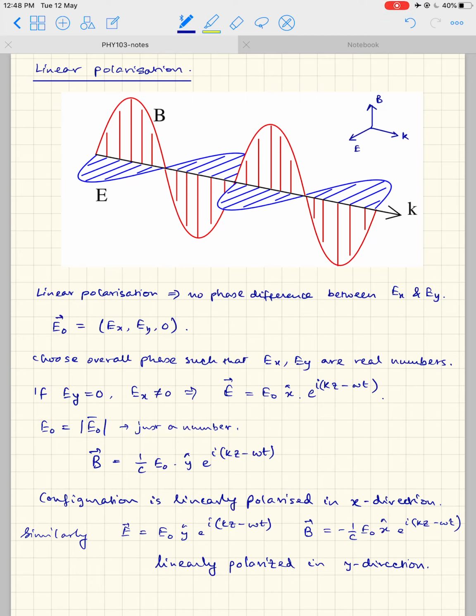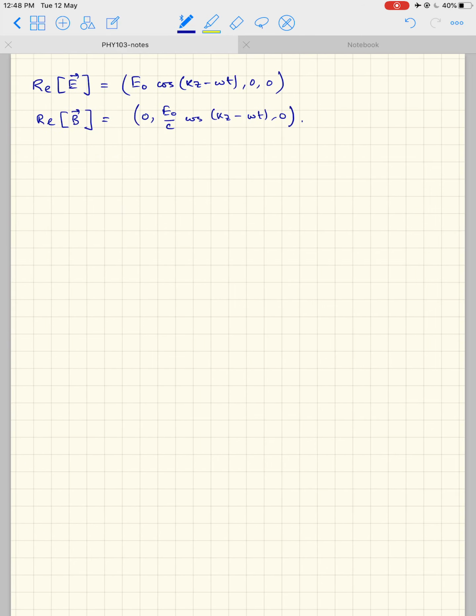This is how the fields will change as we move along a wave. Let's just note here that there is no x or y dependence in these solutions.